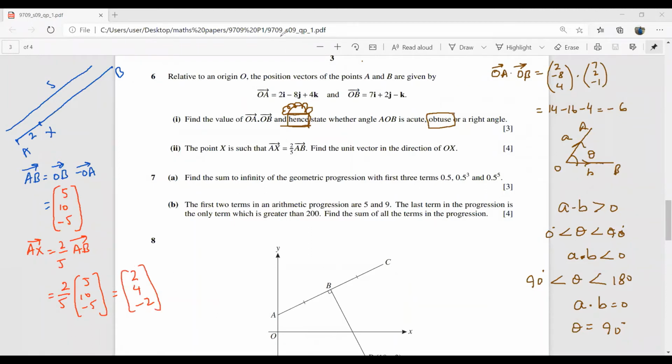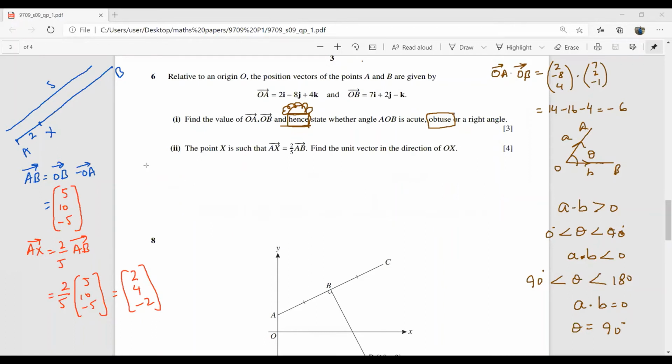Now from here, we go on to find this OX. So we know that AX is OX minus OA.